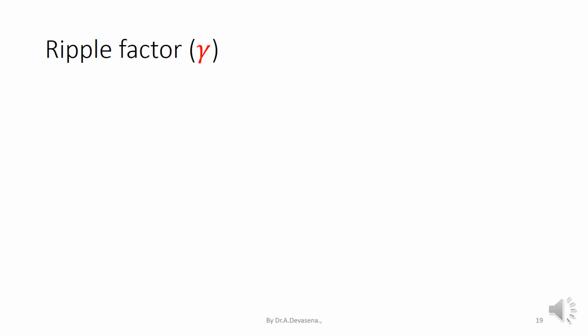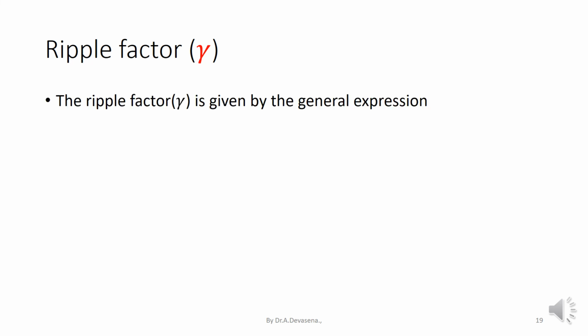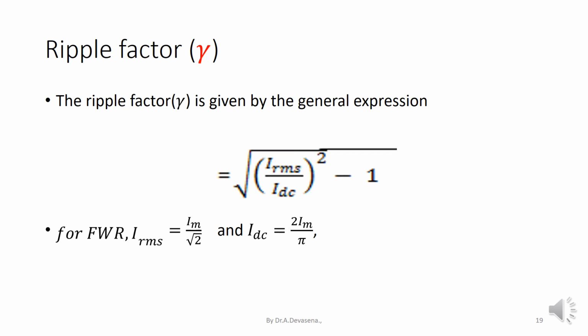Ripple factor. It is denoted by the letter gamma. The ripple factor is given by the general expression square root of Irms by IDC the whole square minus 1. For the full wave rectifier, the value of the Irms is equal to Im by root 2 and the value of the IDC is equal to 2Im by pi.